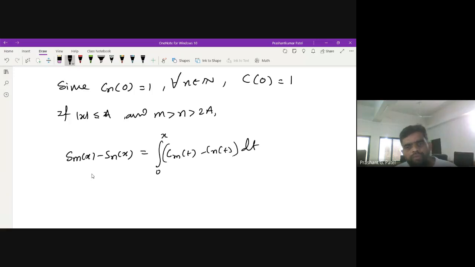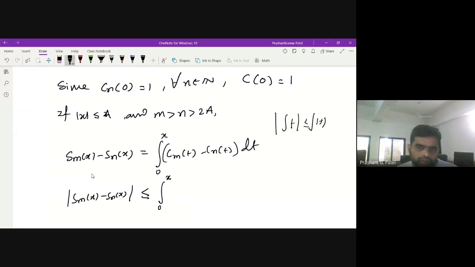Using the above equation, the mod of Sm of x minus Sn of x is less than or equal to the integral from 0 to x. The mod of this, because we know that mod of integration of f is less than or equal to integration of mod f, using this property of integration.